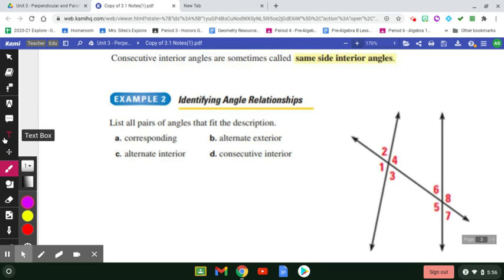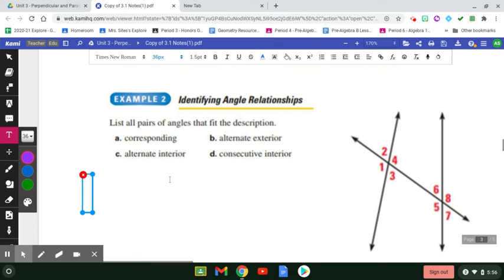Okay, so I'm going to type this one. Let me make my font a little bit smaller. Okay, so for part A, I want corresponding, which means same spot. Okay, so angle 1 pairs up with angle 5.